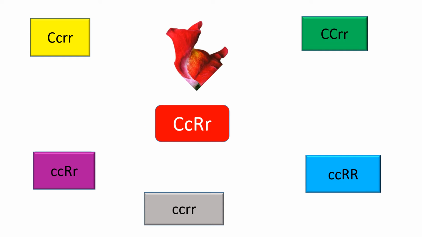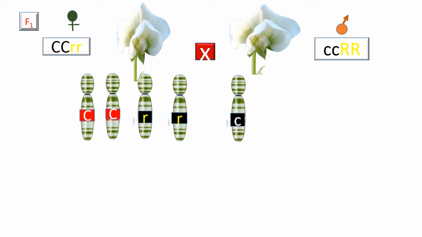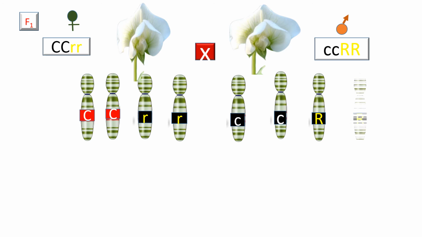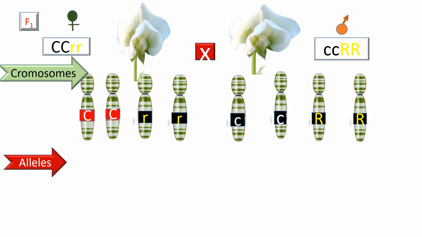Let's observe one of these crosses further in detail. Let's clarify the results of F1 and F2 generations of the cross in the given question, according to the behavior of chromosomes and alleles that we study in genetics.